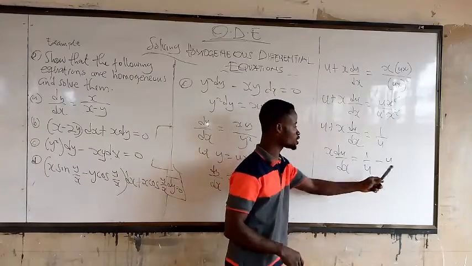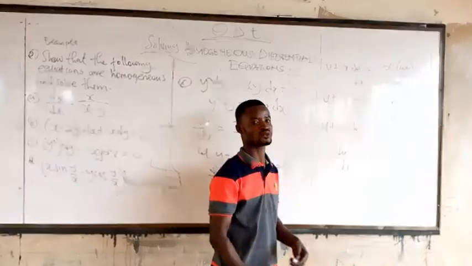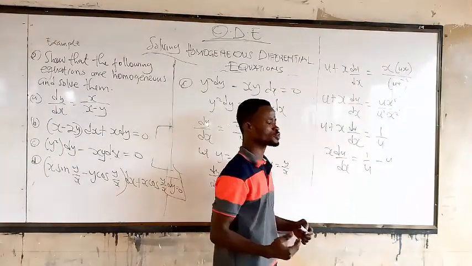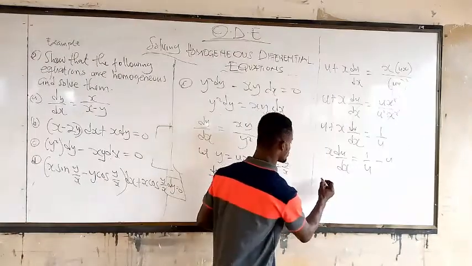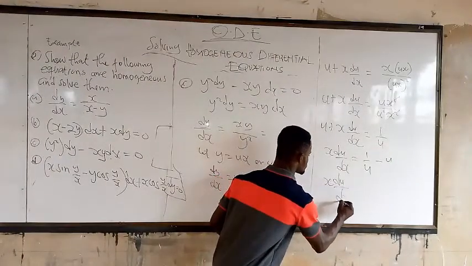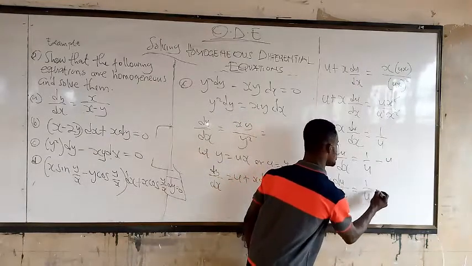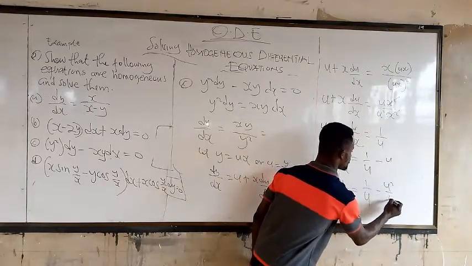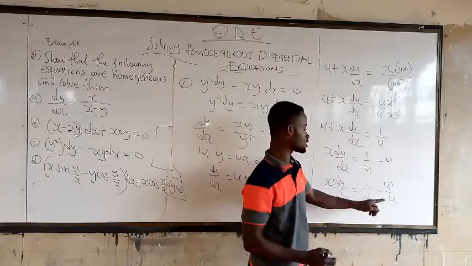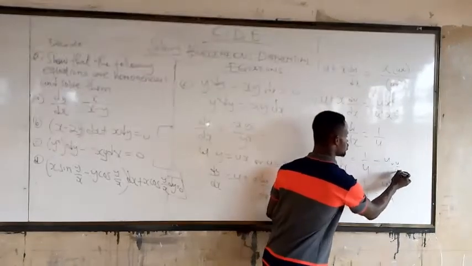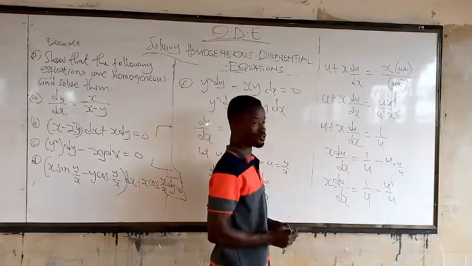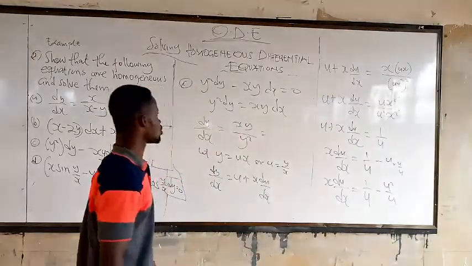So to achieve the same denominator so that we can express it as separable, x du/dx is going to be equal to 1 over u minus u squared over u. How can you see that? That is multiplying this by u over u. So you get u squared over what? u.